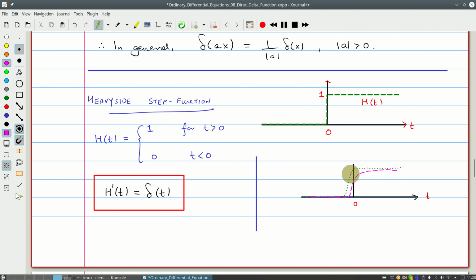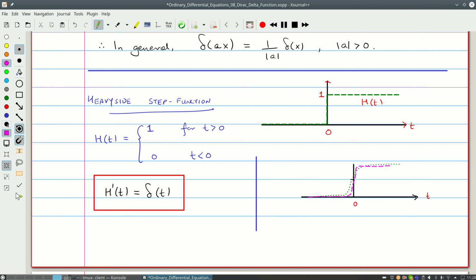Sorry, this is really badly drawn. Let me draw that again, and I'm going to label one more thing before I do this. This is a half. Okay, so now let's draw the first one again. It has to go through the half. That's the first one. Then the second one, more steep.